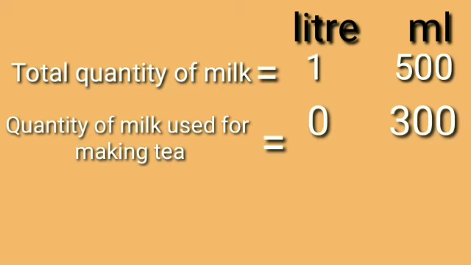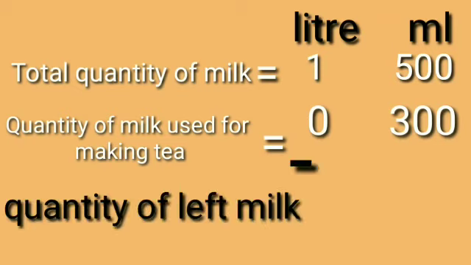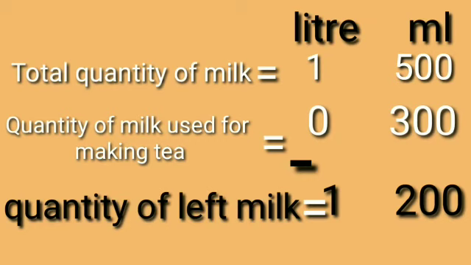Total quantity of milk in jug was 1 liter 500 milliliter and quantity of milk used for making tea, yes, it was 300 milliliter, and after subtracting 300 milliliter from 1 liter 500 milliliter, we get quantity of left milk as 1 liter 200 milliliter.